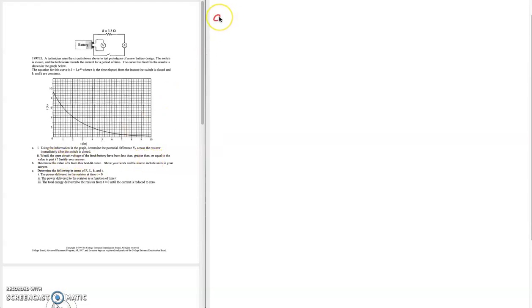All right, part 1. Determine the potential difference V naught immediately after the resistance. Okay, so right there, we're going to look for the y-intercept. And if you look really closely, I have 9.25 amps.